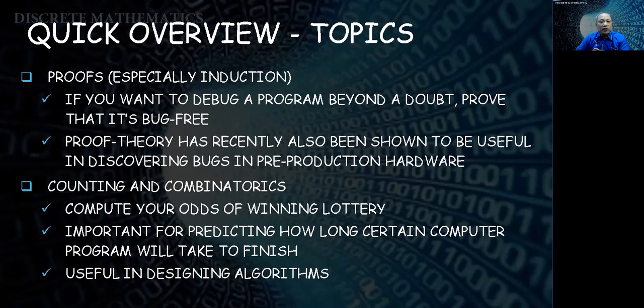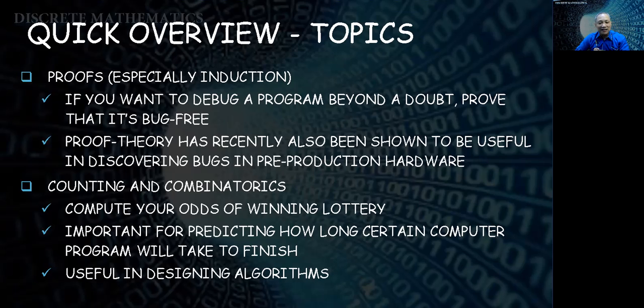Yeah, proof theory has recently also been shown to be useful in discovering bugs in pre-production hardware. Of course we want to do that before releasing anything, because after releasing, if there are so many loopholes, so many problems, then it's not going to be sellable.